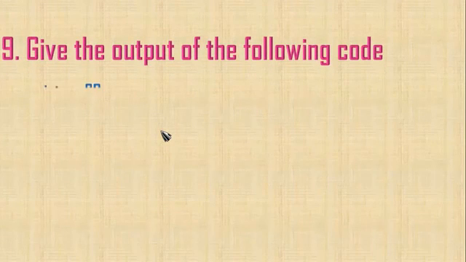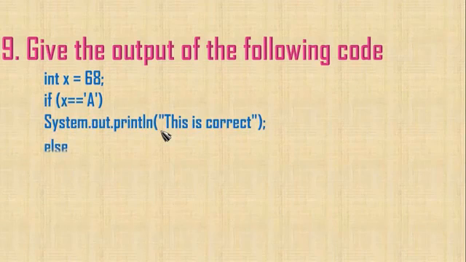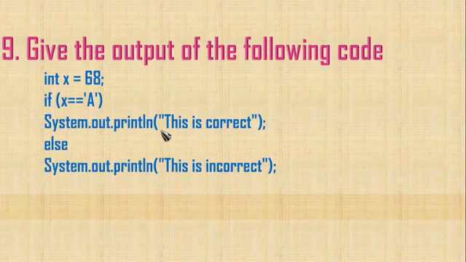Give the output of the following code. x is initialized as 68. If x is equal to a, this is a character here, but x is initialized as integer type. So both are different. Still, it will happen implicit here by the compiler.